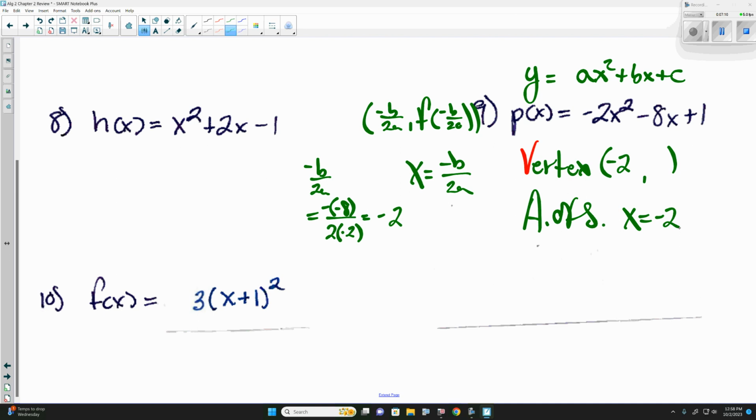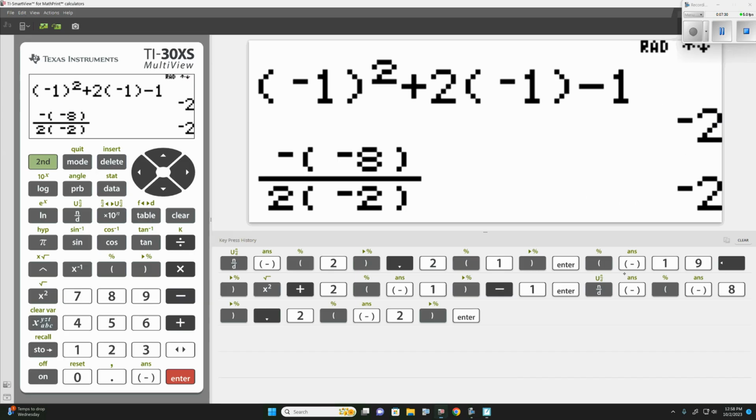Now the last part of this here is to find the other value in the vertex. And we're going to replace every x in the function with negative 2. So we'll have negative 2 times negative 2 squared minus 8 times negative 2 plus 1.